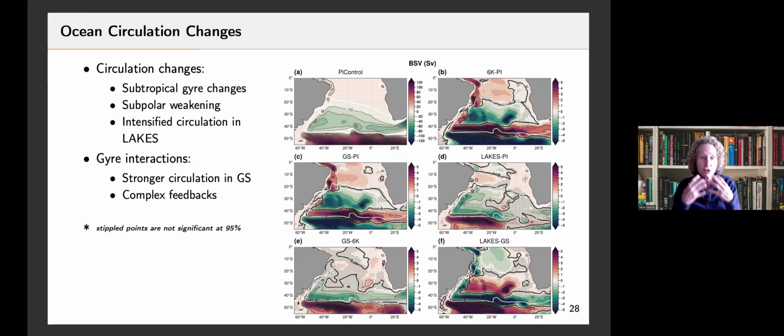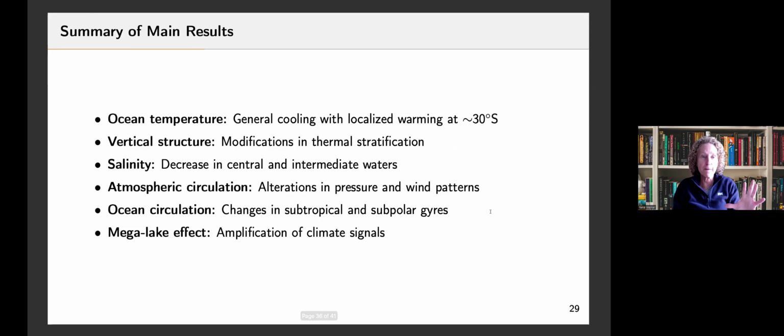It's like we have a stronger circulation and complex feedback. So this is also very interesting because we're looking at an integrated field. So we're integrating north-south velocity across all depths, and it gives a feel of what the full circulation changes are.